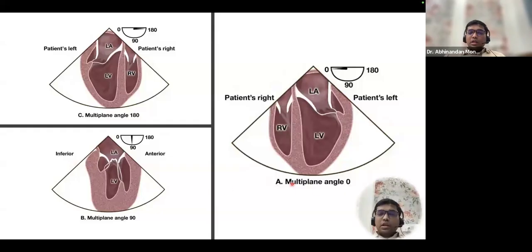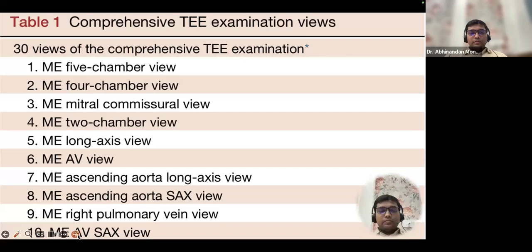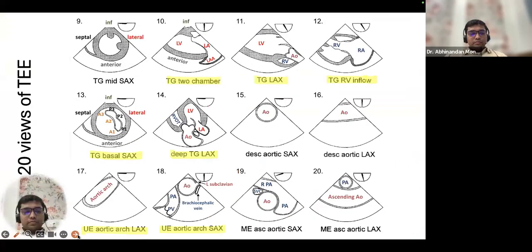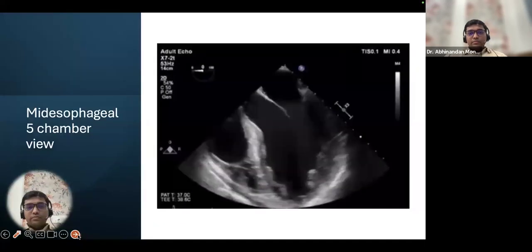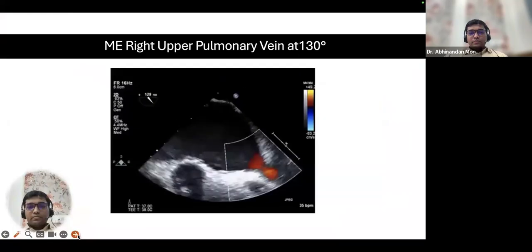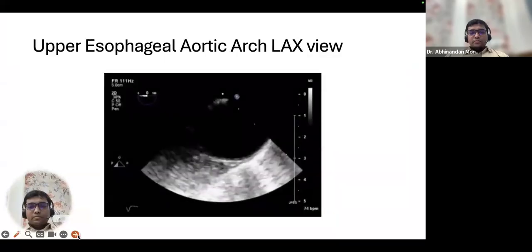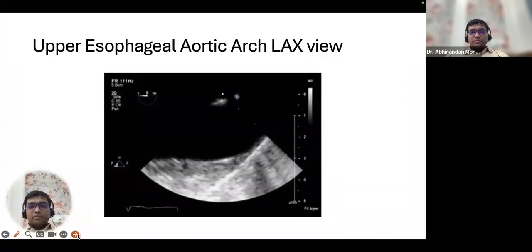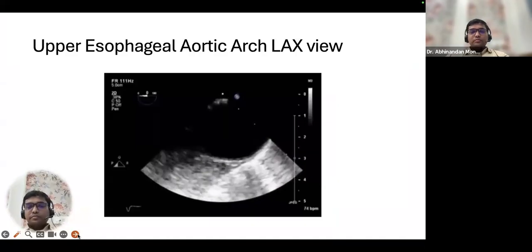And at 0°, this is your patient's right, this is your patient's left. Now go back to that image. Now it is clear.